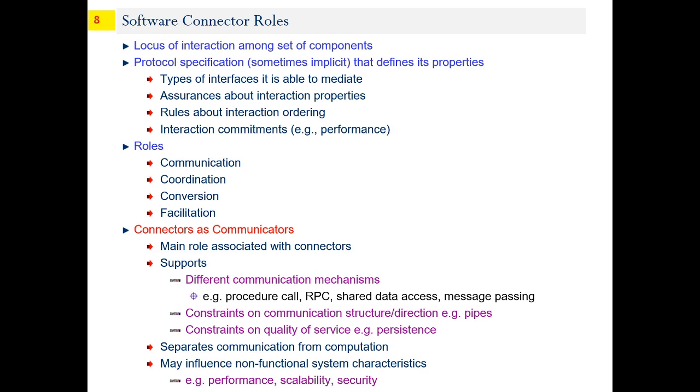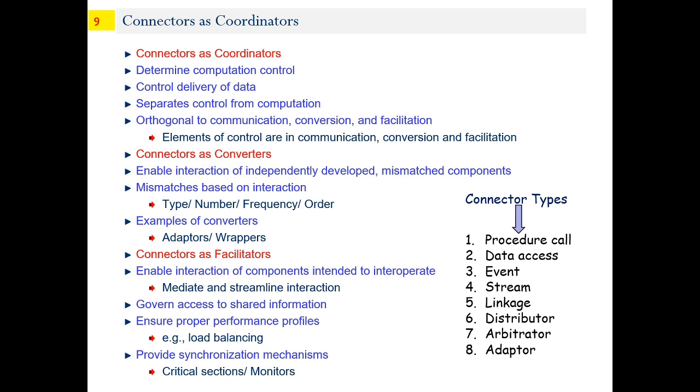Adapters translate the service patterns from one particular environment to another environment. Typically, we may not be working with a homogeneous system environment. We might be dealing with heterogeneous environments. So two different systems from two different environments would be communicating. So communication mechanisms, like RPCs and all of that, we have seen. And then connectors, they could be coordinators. They can determine the computation control, delivery of data, and separate control from computation.